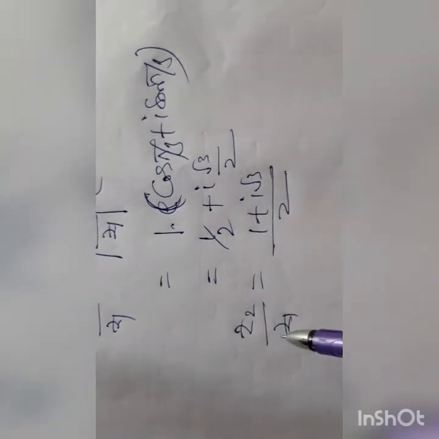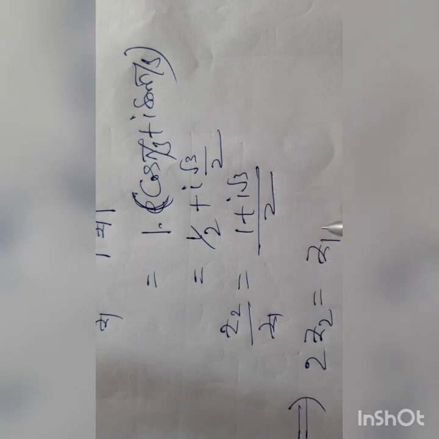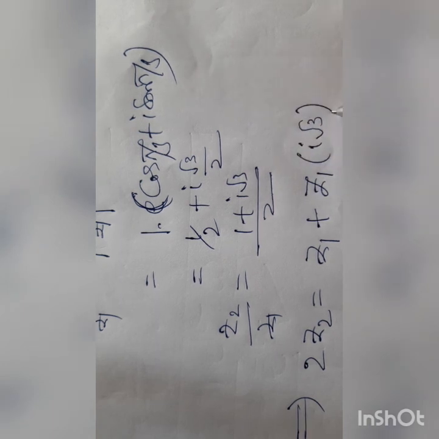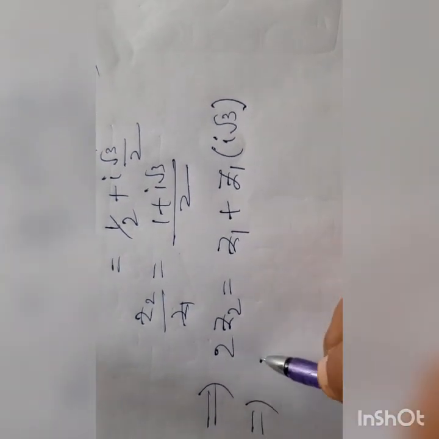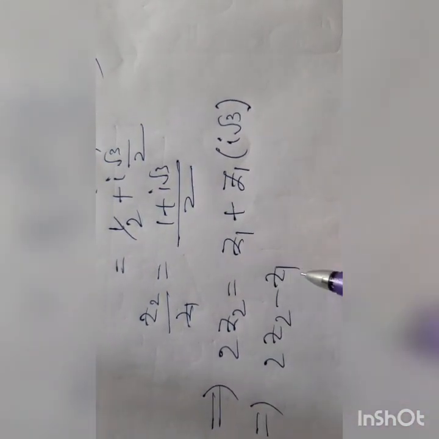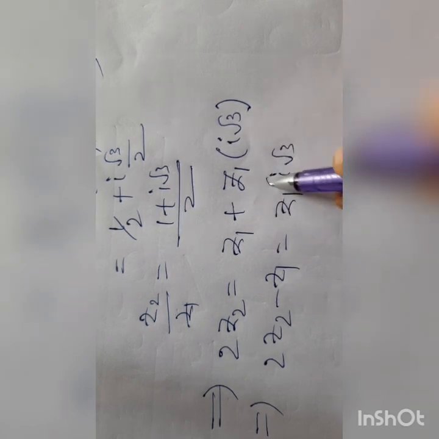This is Z2 by Z1. If you do cross multiplication, what do you get? 2Z2 equals Z1 plus Z1 i root 3. And now I want to do like this: 2Z2 minus Z1 equals Z1 i root 3.